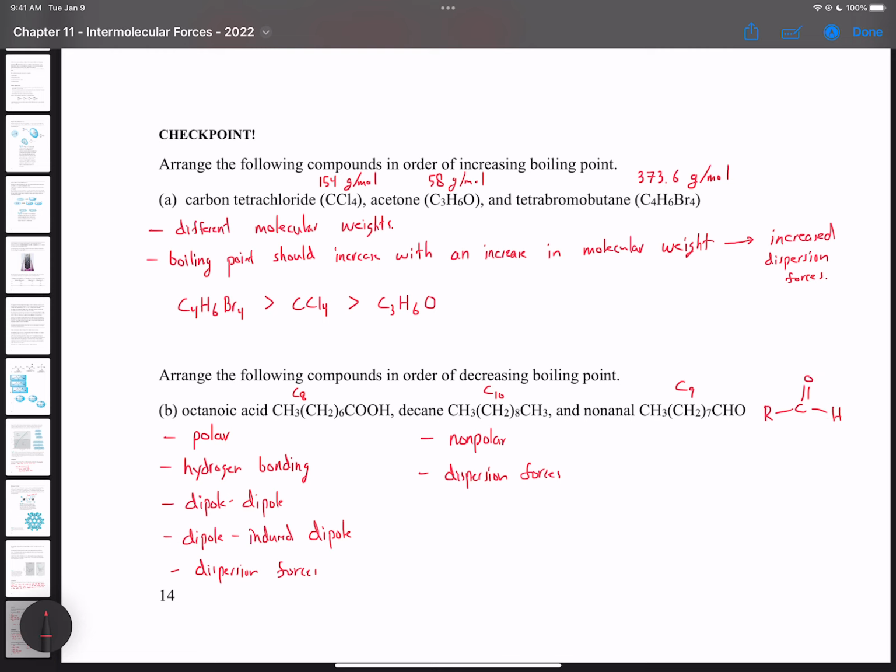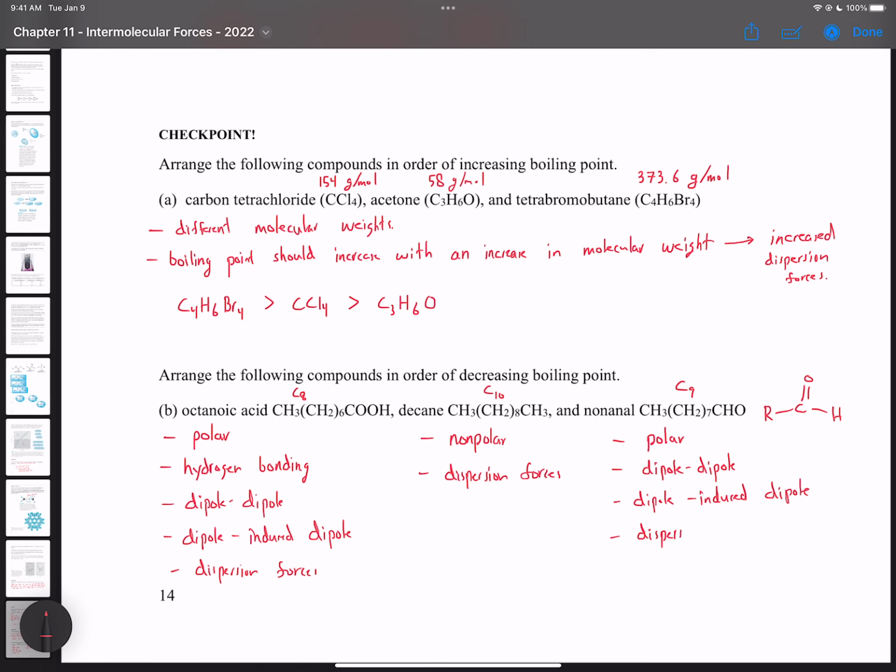So no hydrogen bonding here. But it's still polar because of the carbonyl, or the C double bond O. So it still has dipole interactions, dipole-induced dipole, and dispersion forces.